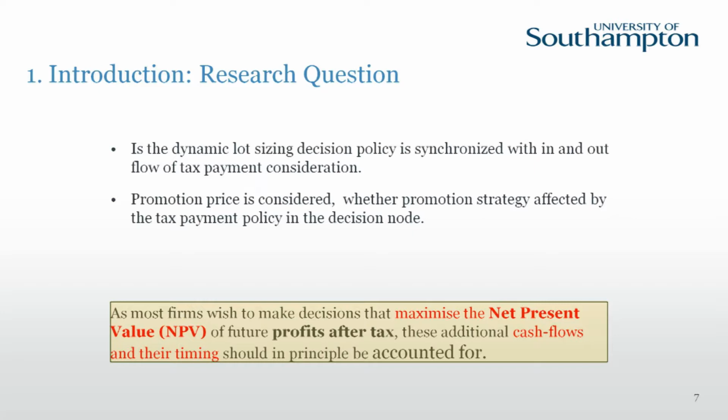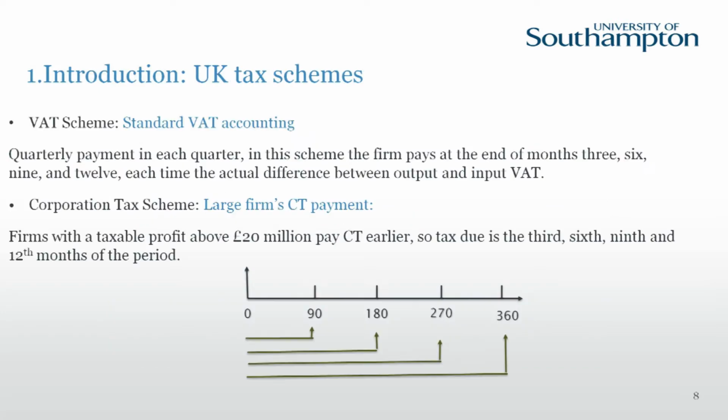Before we introduce the basic DRSP, we look at the tax rules applied in these models. We look at two tax schemes: VAT schemes and corporation tax schemes. For VAT, there are 5 different kinds of schemes available, and the mostly adopted one, which we use, is the standard VAT accounting scheme, paid on a quarterly basis and adopted for large firms.